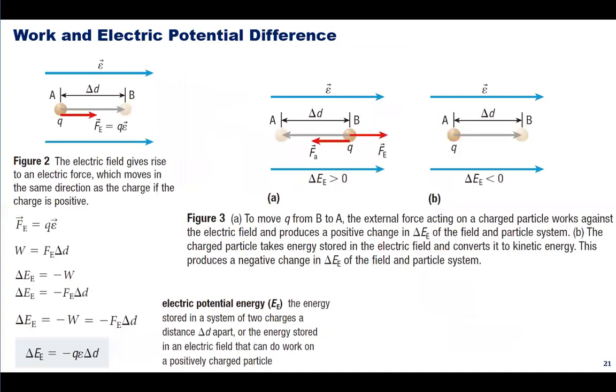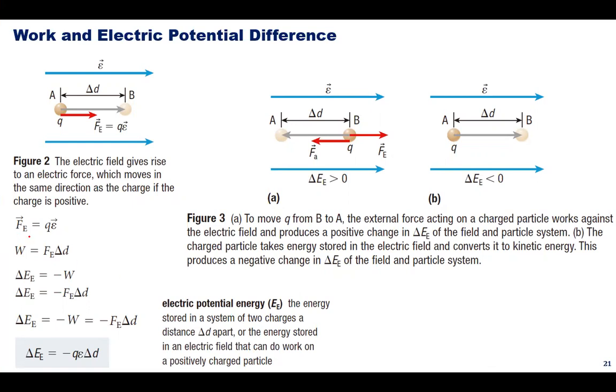Okay, so let's have a look at the work and the electric potential difference. Recall that in a region of space where the electric field epsilon is constant, epsilon has the same magnitude and direction at all points. A point charge Q in this region experiences an electric force, denoted by Fe.